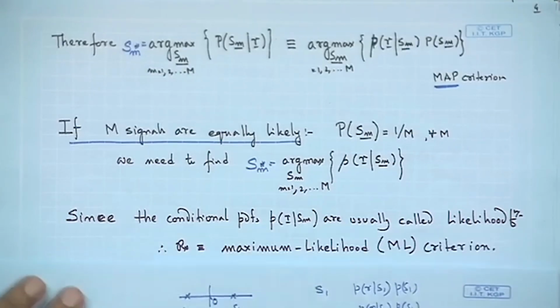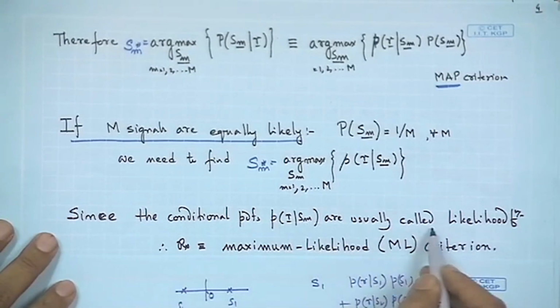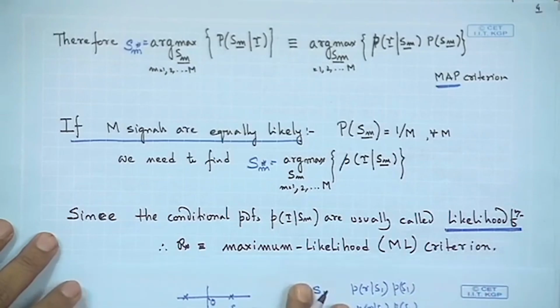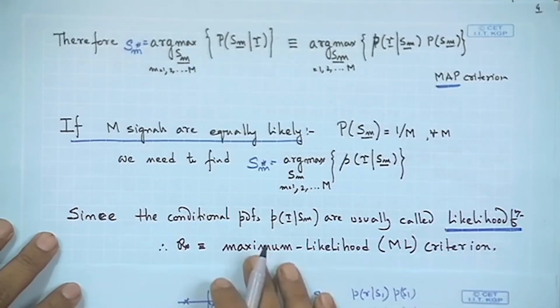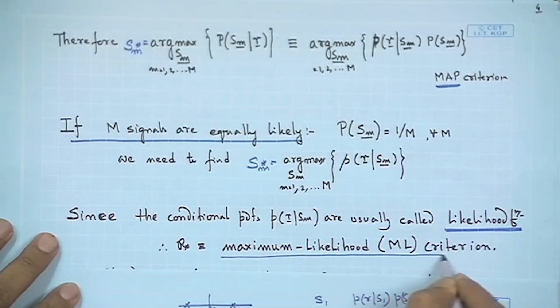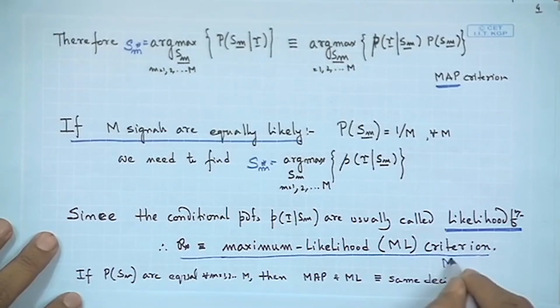Since the conditional PDF P of R given Sm is usually called the likelihood function, I can briefly tell why we call it the likelihood function. Therefore, the receiver is known as the maximum likelihood criteria receiver. So, you can also write it as the ML receiver.